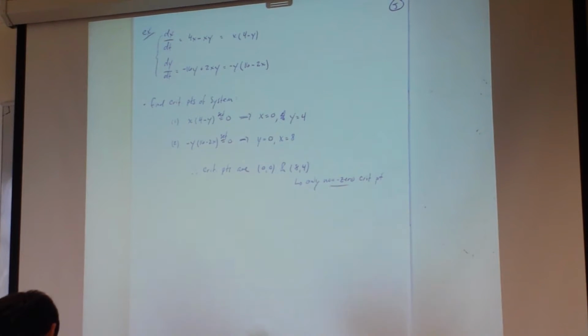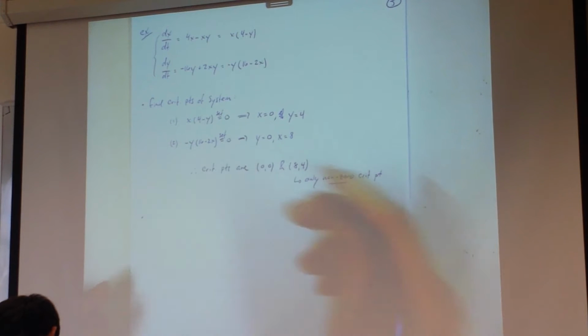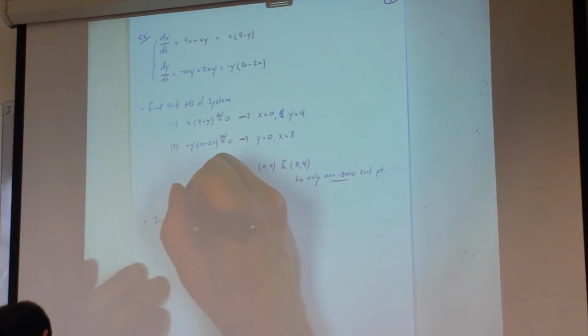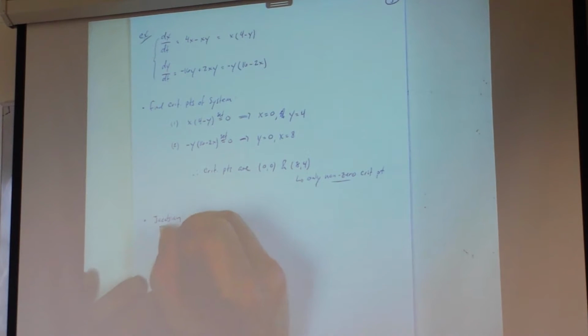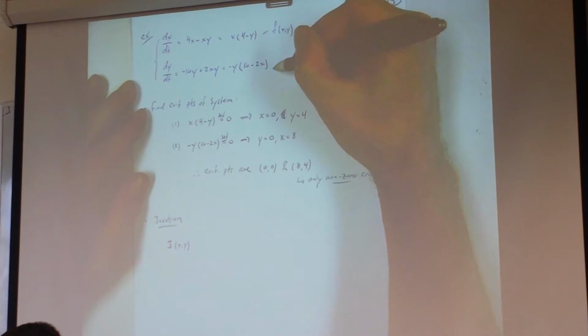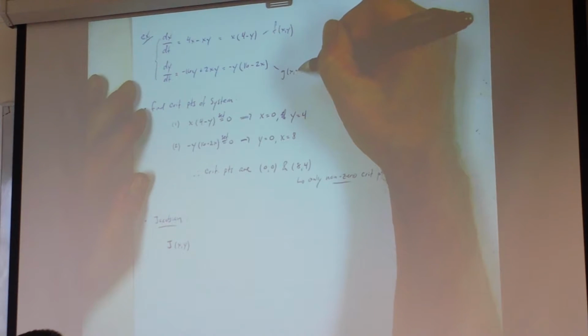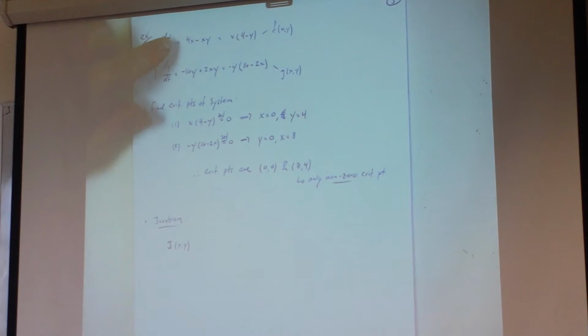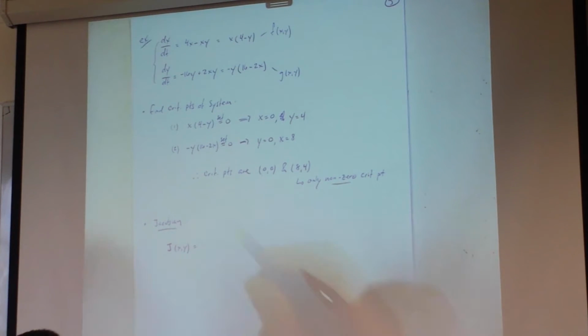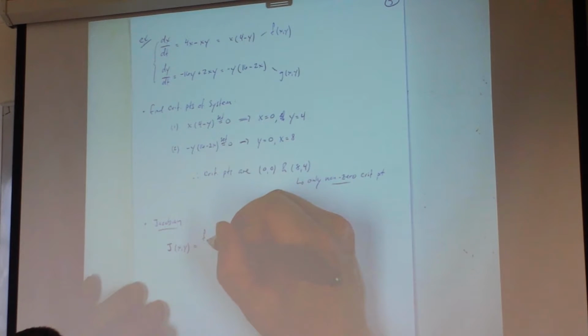All right, so let's find the related Jacobian of these two functions. So this would be my f of xy. This one would be my g of xy. And for this, I'm going to just leave it in unfactored form. So at a general point xy, Jacobian, partial with respect to x.